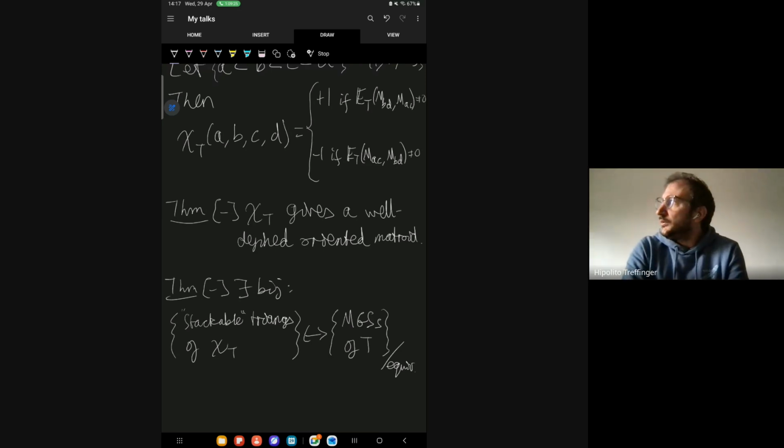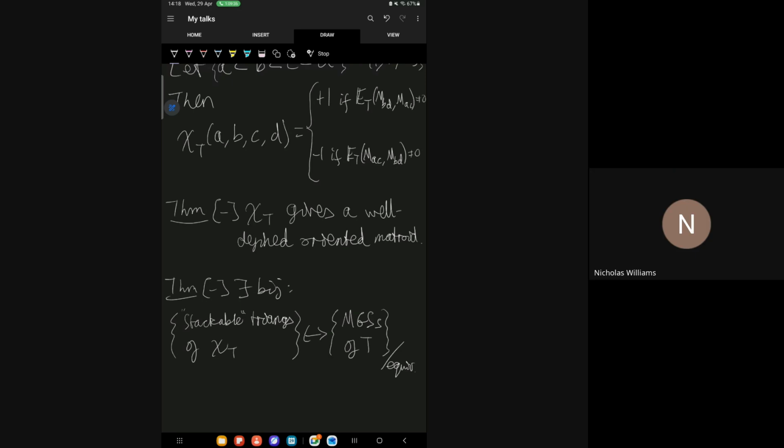But what if you consider just the case where you have a quotient of A_n? Are you thinking about a quotient which is still gentle?